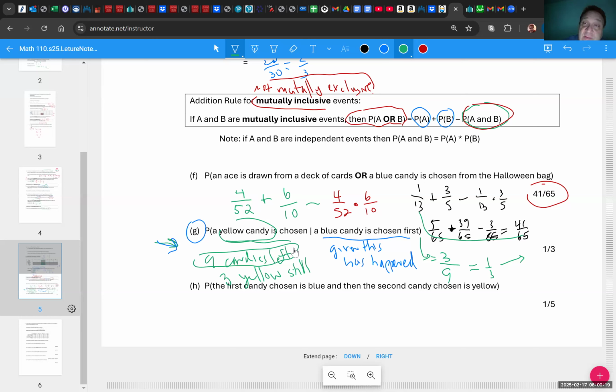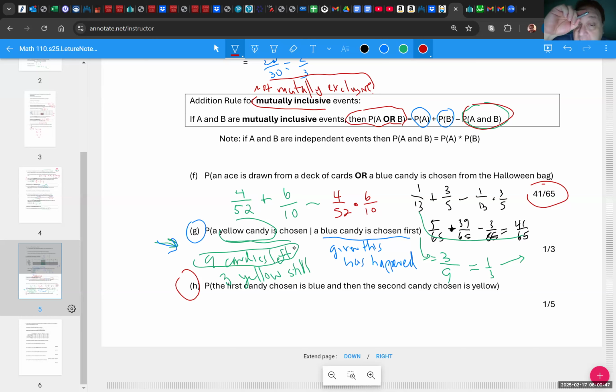Whereas in this new question, we have the probability that both the first candy is blue and then the second candy chosen is yellow, right? So there's an and here versus a given before. So given means it's already occurred. We know that's a fact. We're just looking for the probability of yellow. Whereas in H here, there's no given. We're just looking for the probability that both things happen.